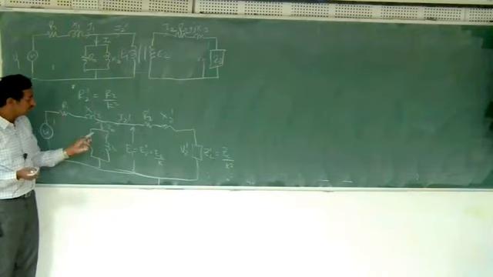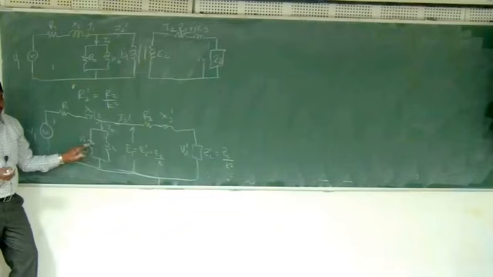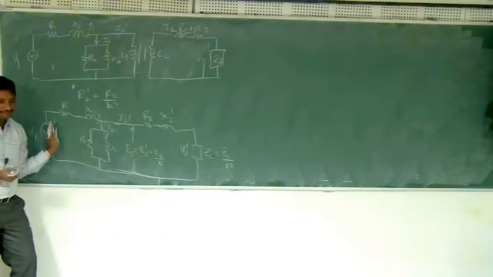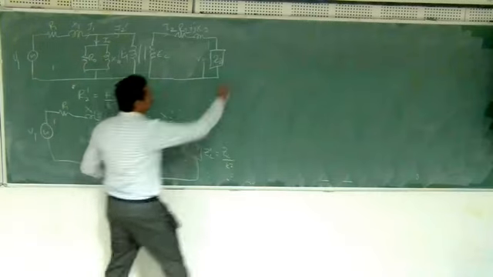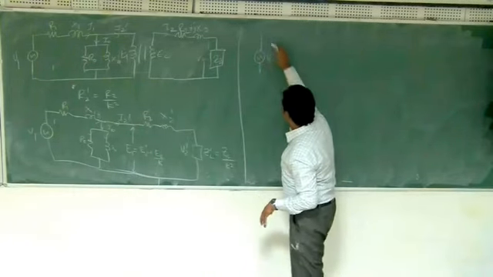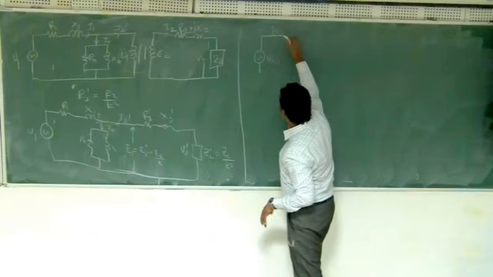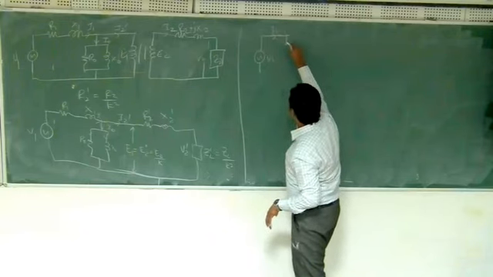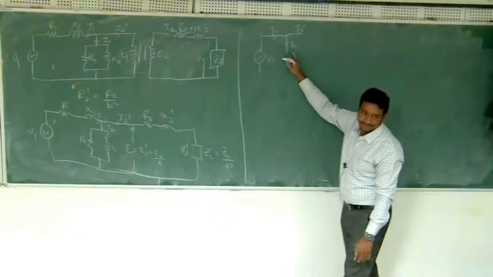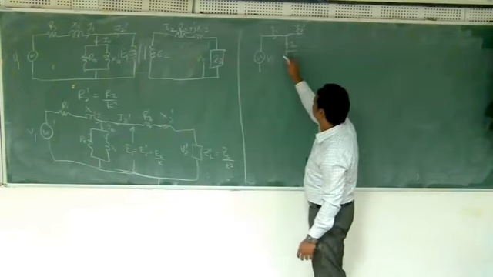That small percentage will not make any mathematical error if you consider I naught at the starting. So it will be something like this. Now the next step. This is V1. This is still I1. I1 is still I naught plus I2 dash. We are not completely ignoring this. This current is still there. So two branches.